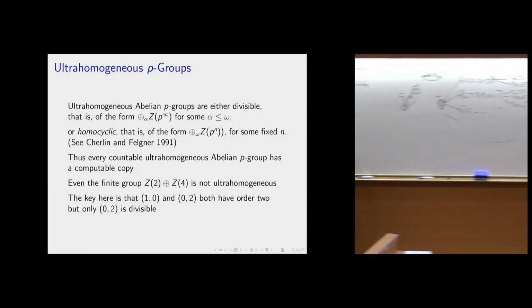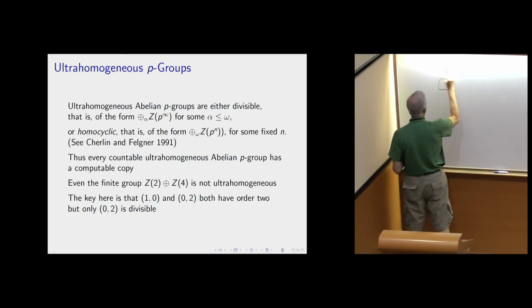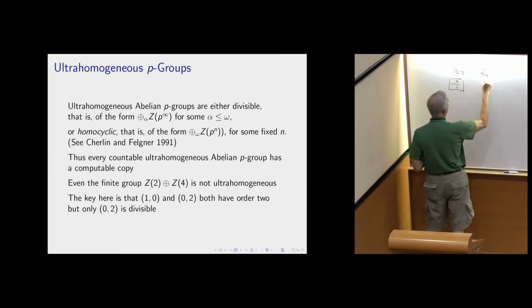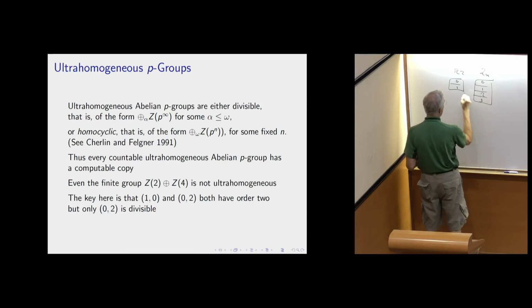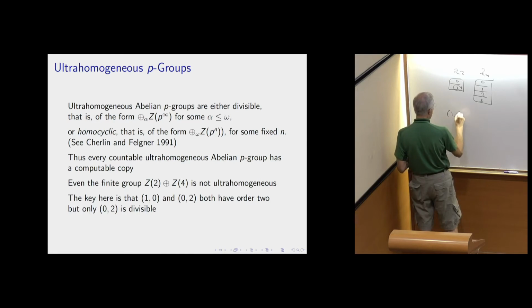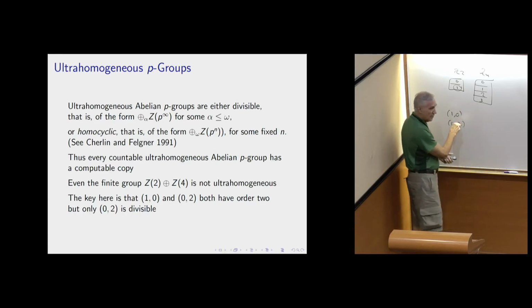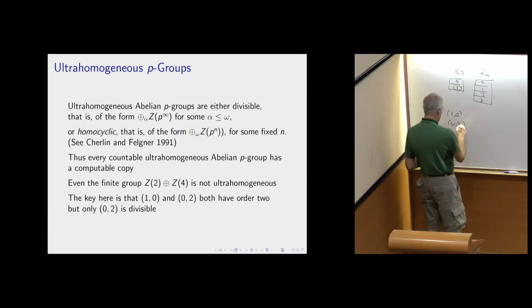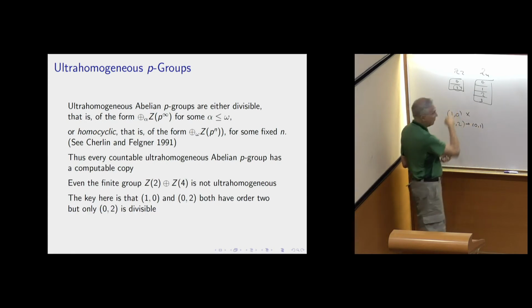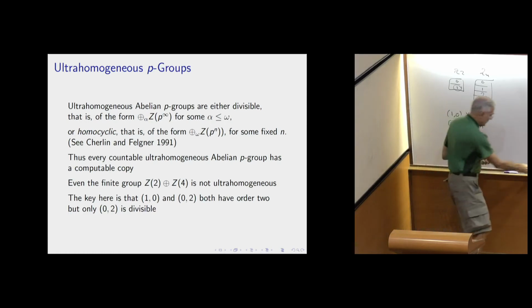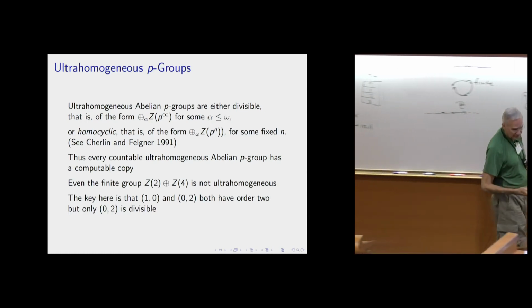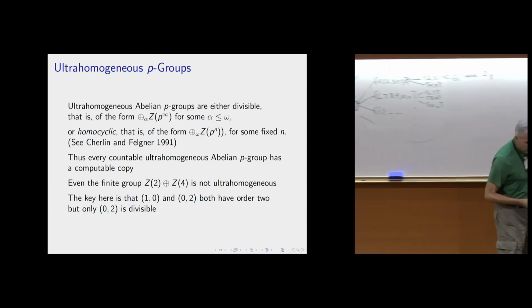If you have a Z2 with 0 and 1, and a Z4 with 0, 1, 2 and 3, then looking at 1, 0 and 0, 2, these both have order 2, so locally they look isomorphic. But 0, 2 is divisible, and this 1, 0 over here is not divisible. So those cannot be extended to an automorphism. So you have very simple finite structures already that are not ultrahomogeneous.